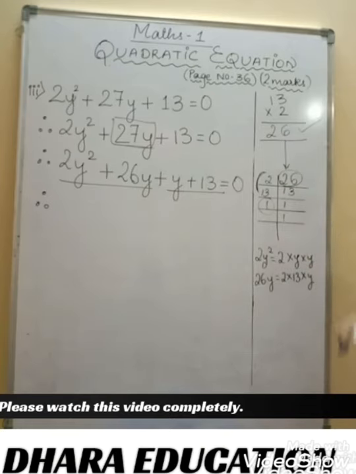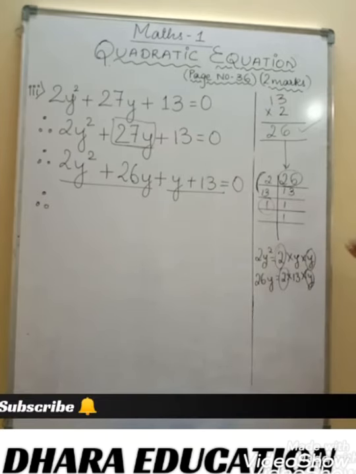Now you will tell me which one is common here. As you can guess, y is common over here. One more thing common is 2. So 2y will be common from both the terms.